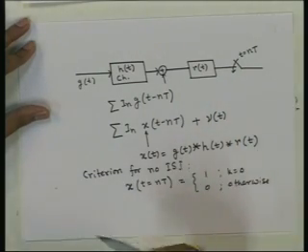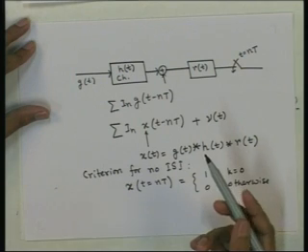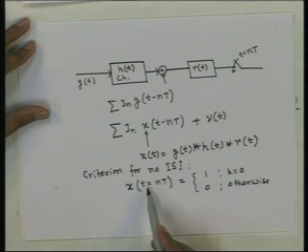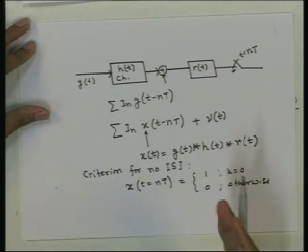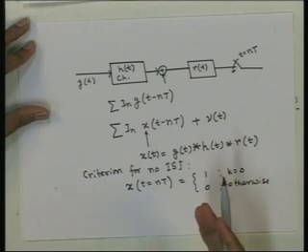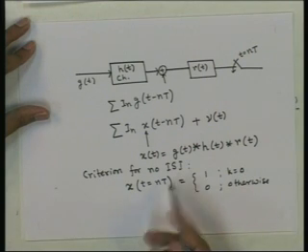The previous symbol should not contribute anything to that sample, and from there comes the restriction that at t equal to capital T the value of x should be 0, and similarly at all other multiples of capital T.